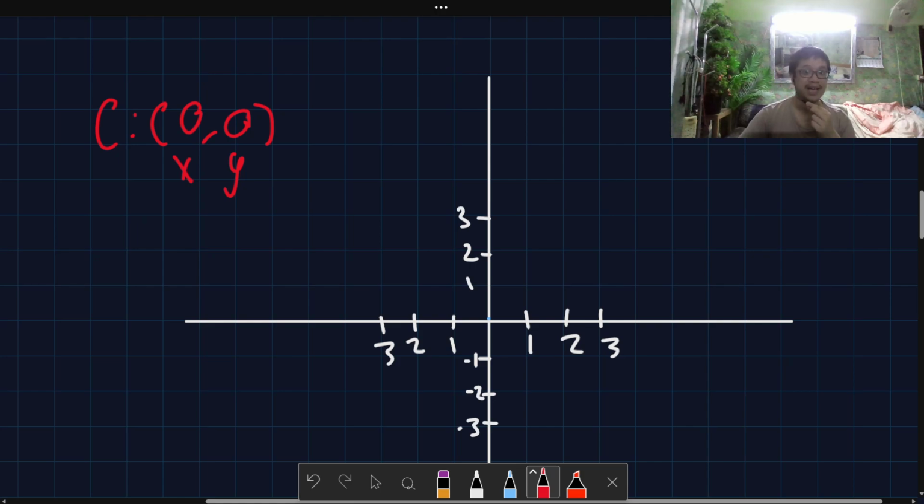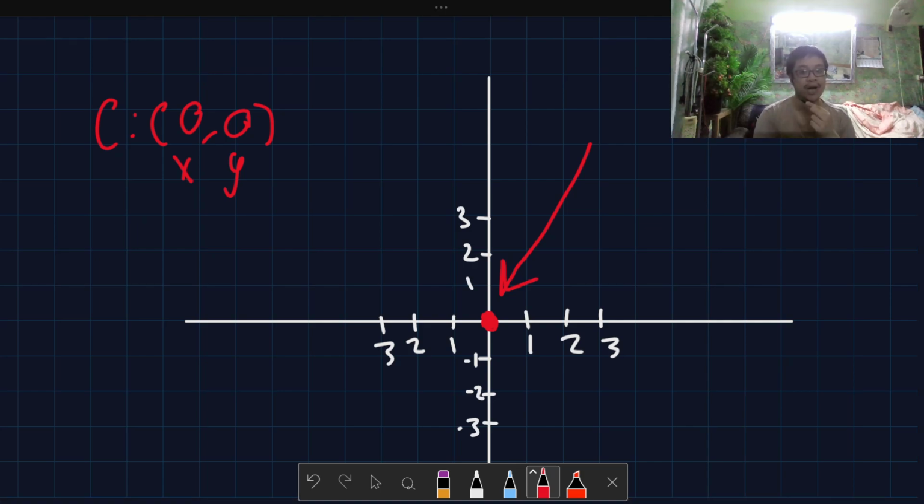That means it's located at the origin, where the x axis and y axis intersect. This is the origin. So since your center has coordinates of 0 and 0, it implies that its center is at the origin.